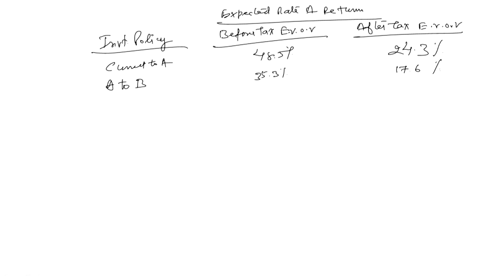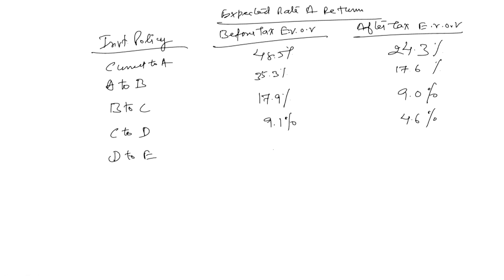And then B to C is going to be 17.9% before tax and 9% after tax, and then C to D it is 9.1% before tax and 4.6% after tax, right, and then it is D to E.